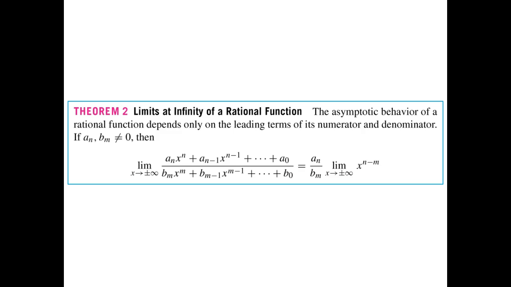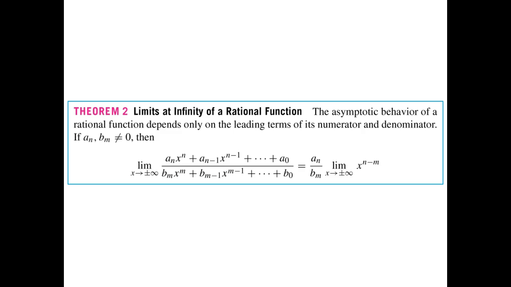If it's an odd integer and x is going to negative infinity, this will be going to negative infinity. But they don't exist. If n is equal to m, that is x to the 0, which is 1. The limit is 1, so the limit would be the ratio of your leading coefficients. That's all. If these two have the same degree, it's that ratio.